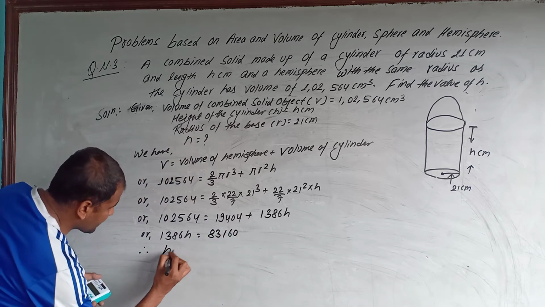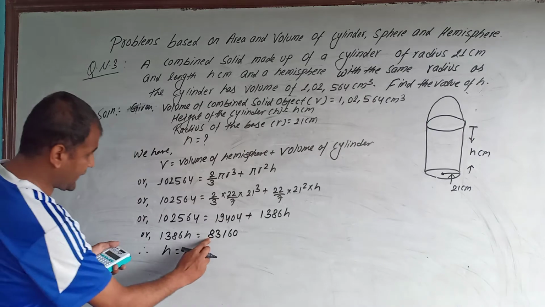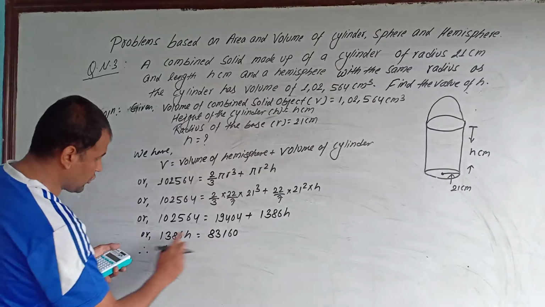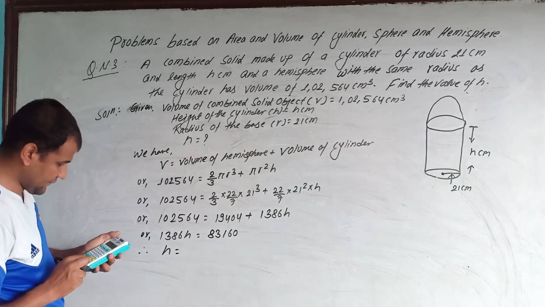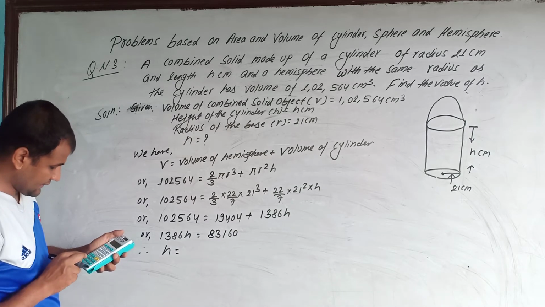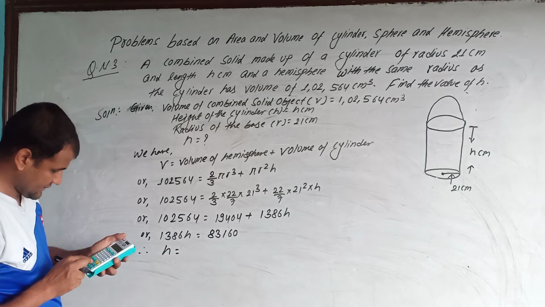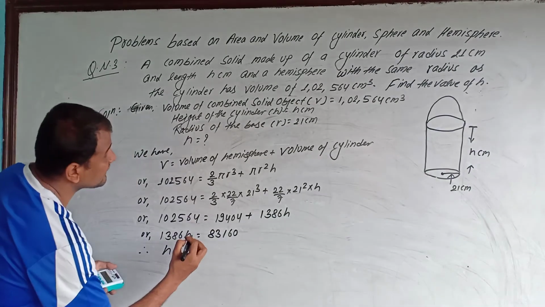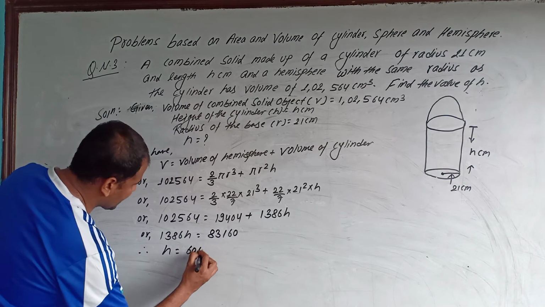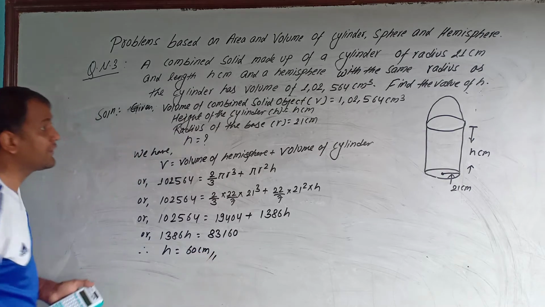Therefore, h is equal to 83160 divided by 1386. That is equal to 60 centimeter. 60 centimeter is the height of the cylinder.